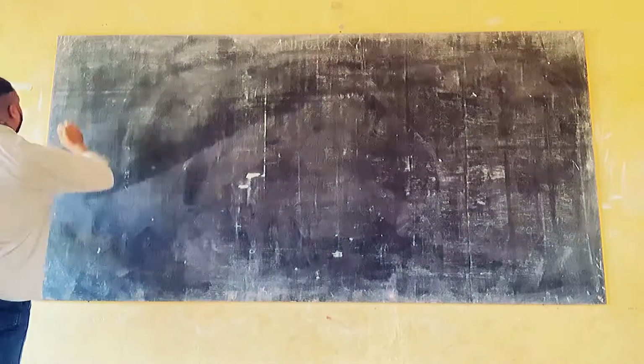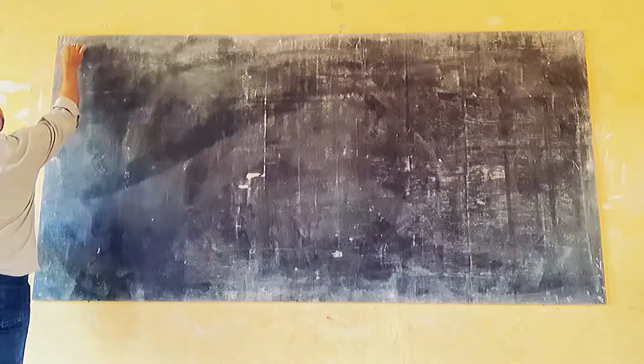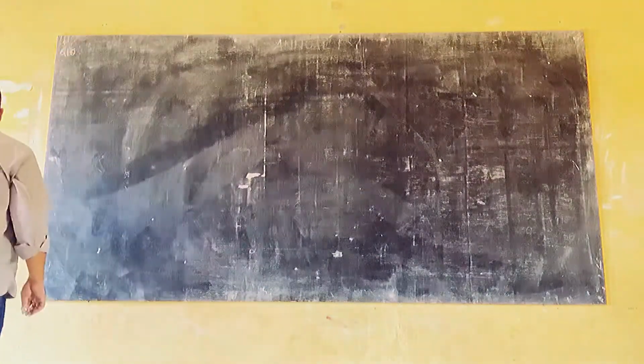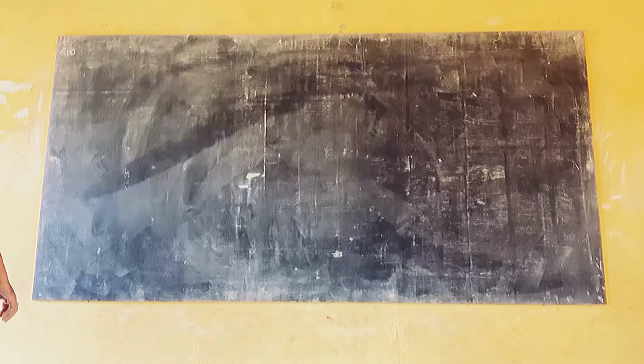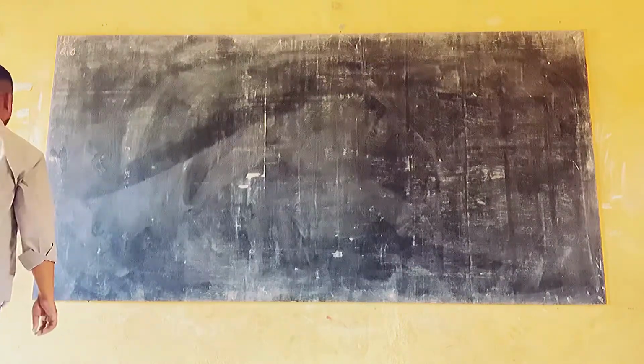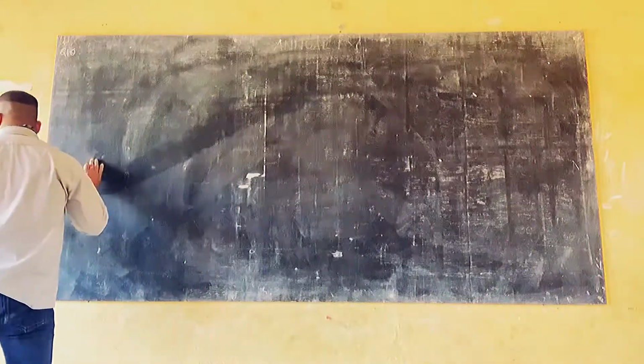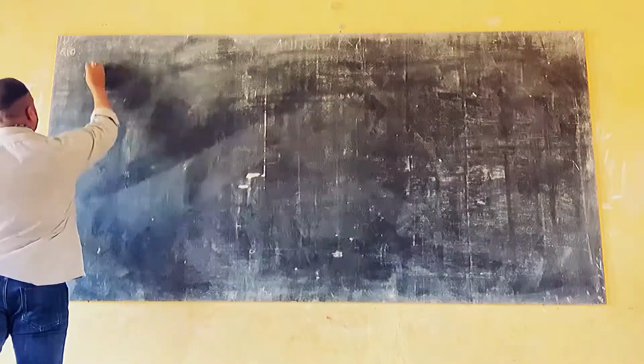Question number 10. Write the number of horizontal rows in the modern periodic table and what are the rows called. So you have to write down the number of rows in the modern periodic table.